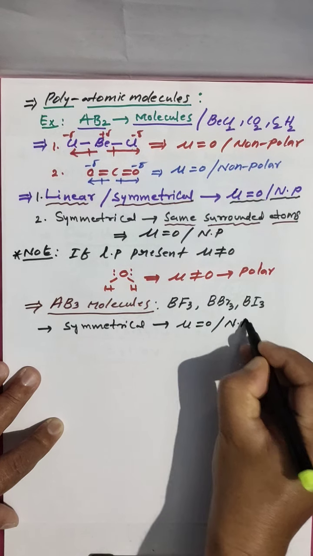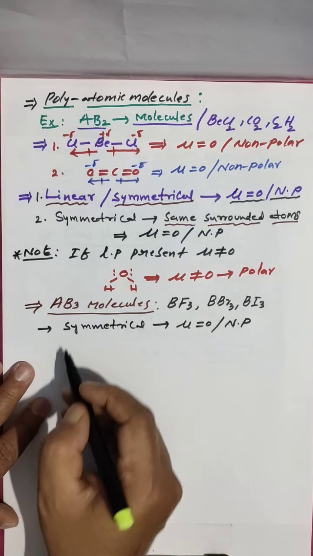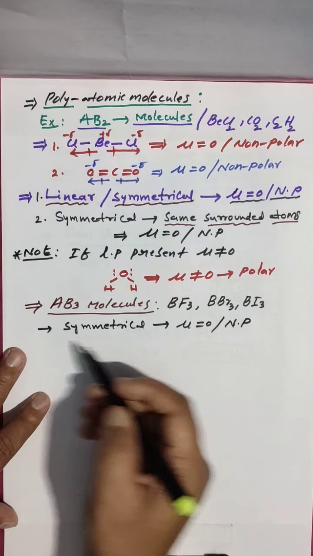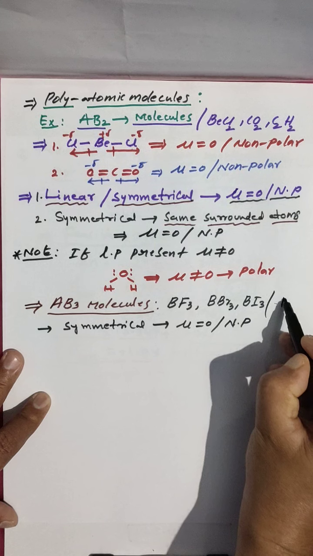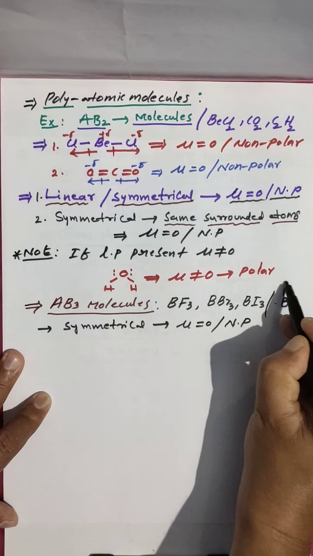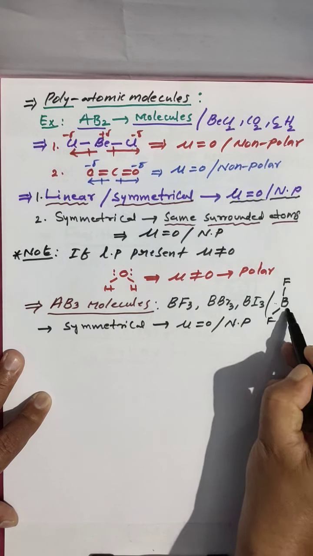These all are non-polar. You know the structure of BF3 very well. Already we drew it. You have trigonal planar structure. One boron, and above the plane 1 and below the plane 2.